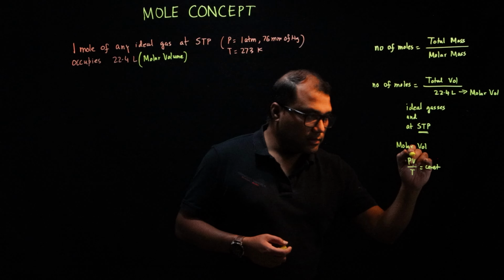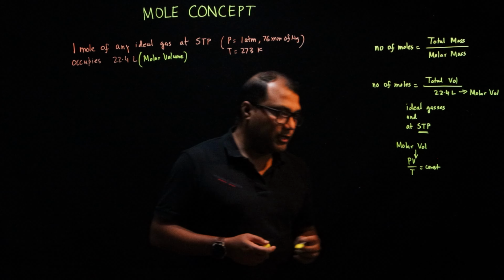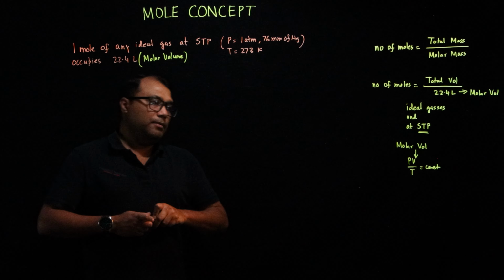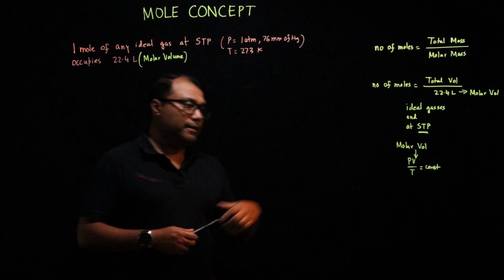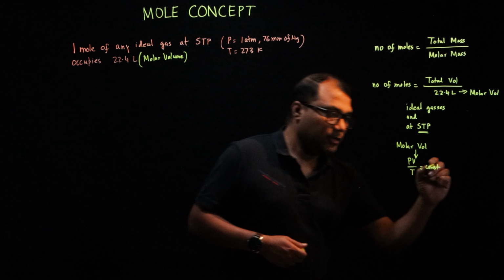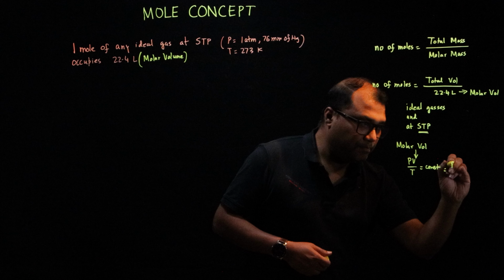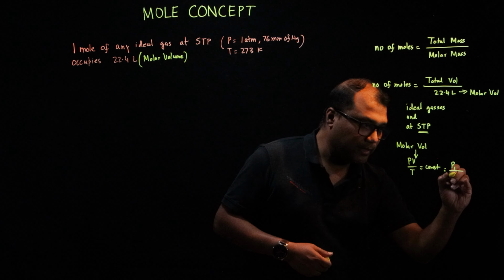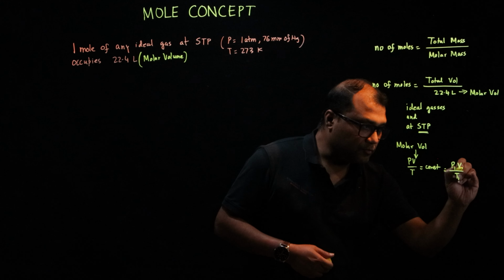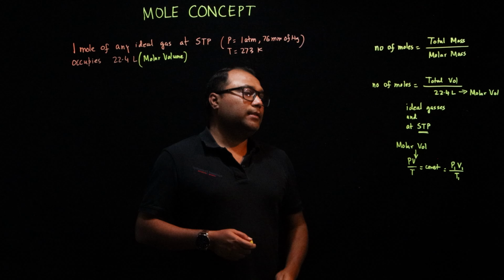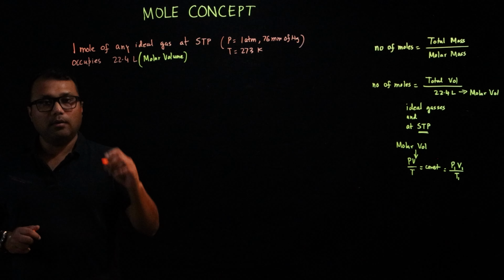So this is the molar volume, and depending on what pressure and temperature we are calculating the new molar volume at, let's say P1 pressure and T1 temperature, if the new molar volume is V1, then that is how we will calculate.